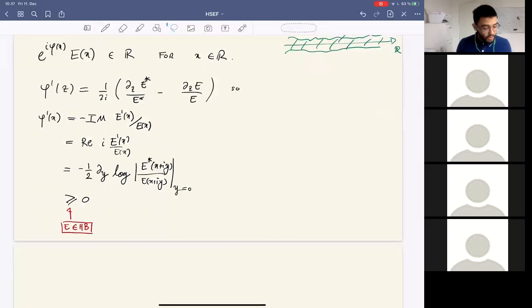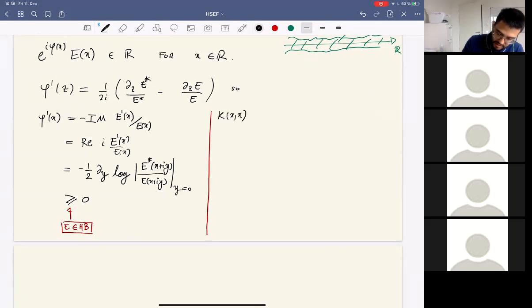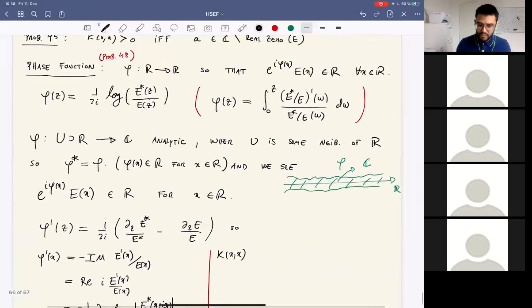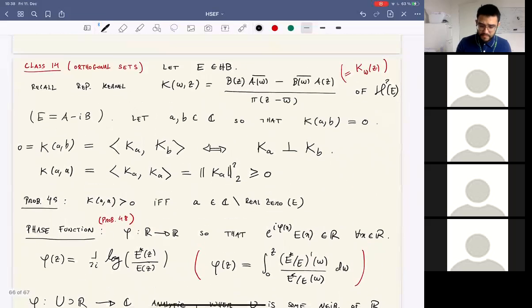So what's the other formula? Well, let me recall what K(x,x) is. K had a formula with the function E as well. Above, I put the formula with the function A, but there was a similar one when we have E and E*.